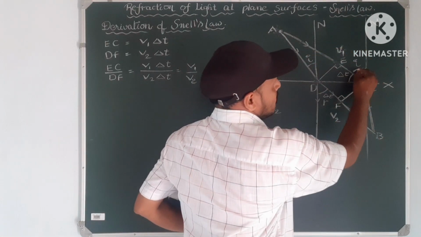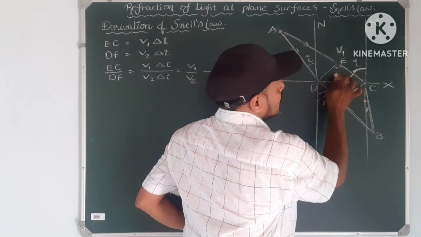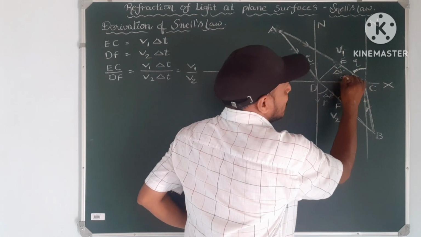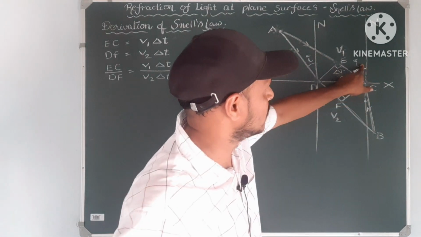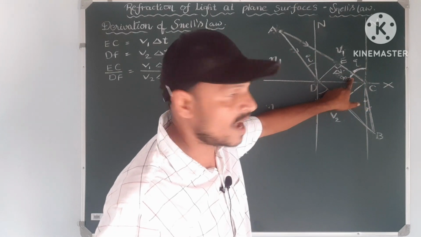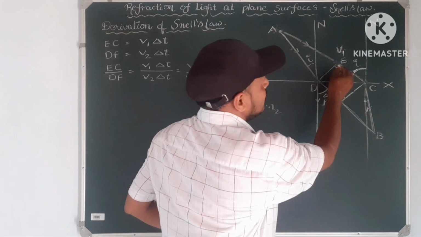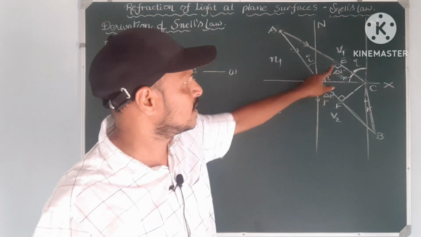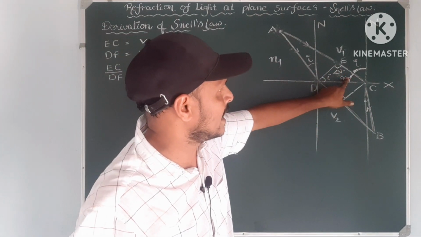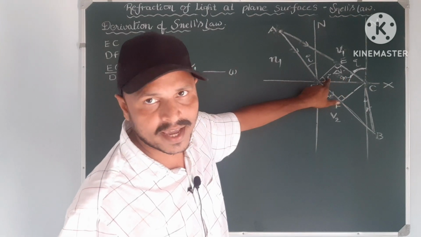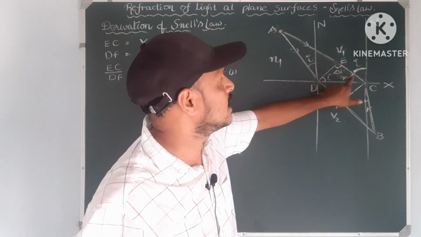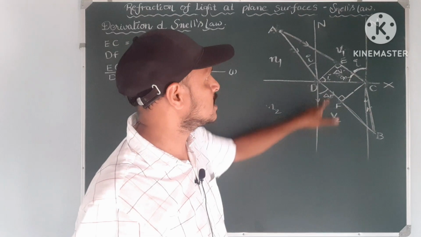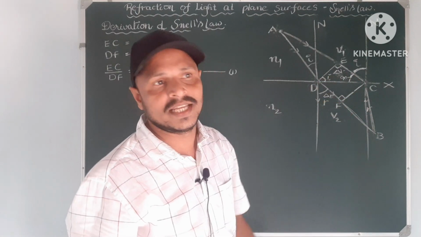In the triangle, 90 degrees, 90 minus I degrees, and I, because the sum of the angles of a triangle is 180 degrees.